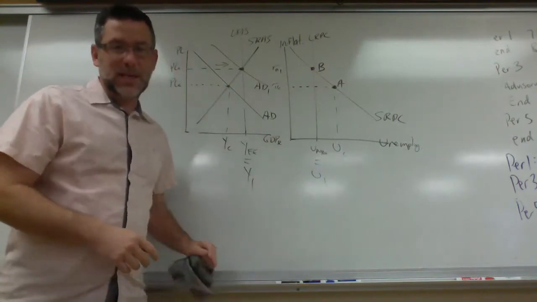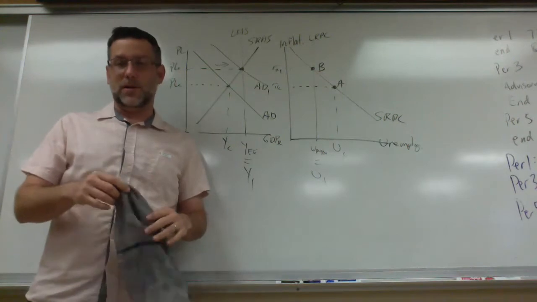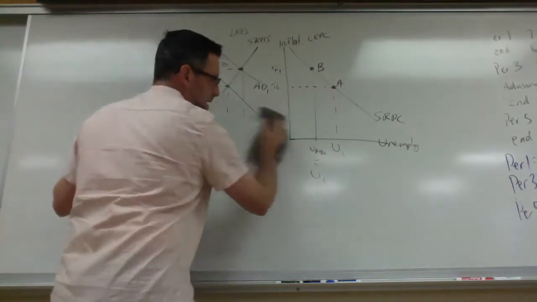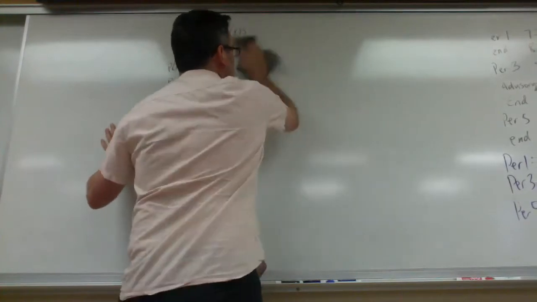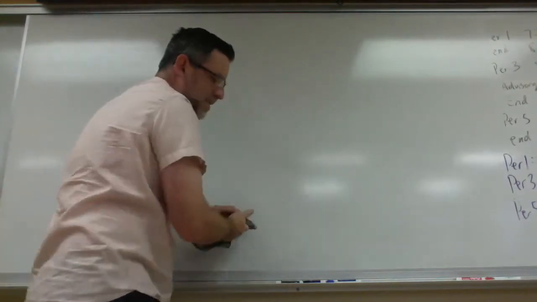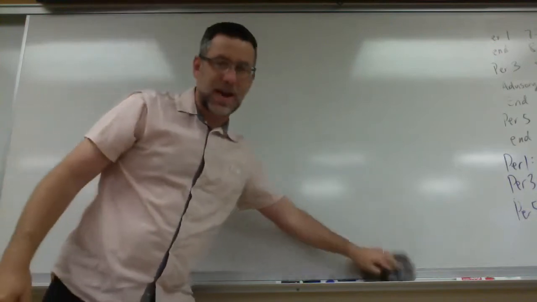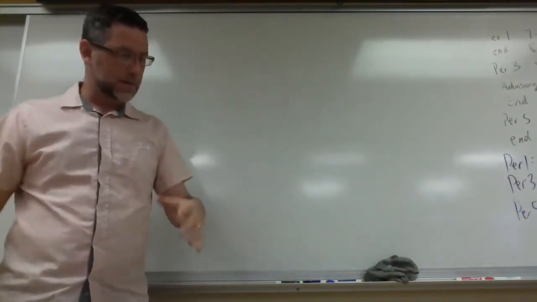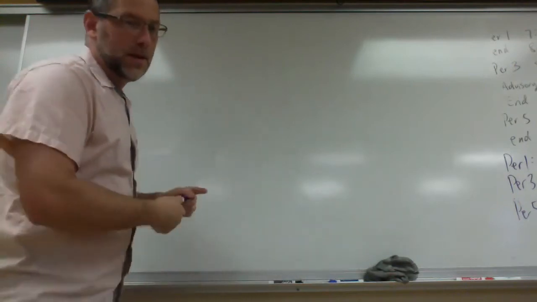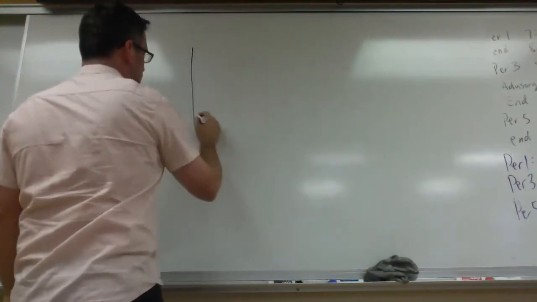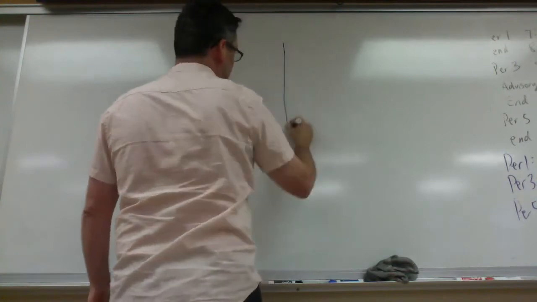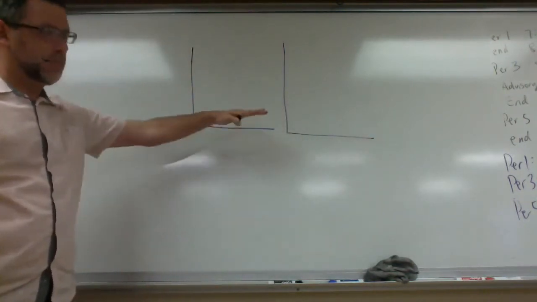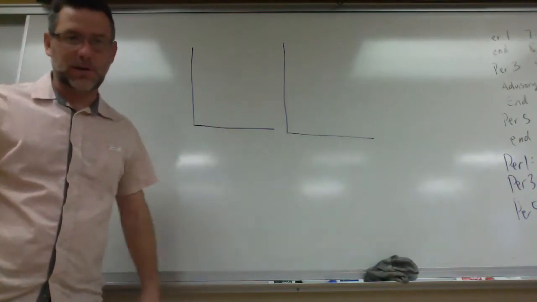What I'm going to do next is take you through a little bit of a longer question from beginning to end, and then that's it. Let's say we get a question that says side-by-side graphs of aggregate demand, aggregate supply, and the Phillips curve. Again, first thing I'm going to do is draw my axes. I want my x-axis to be lined up so my two graphs are lined up next to each other.